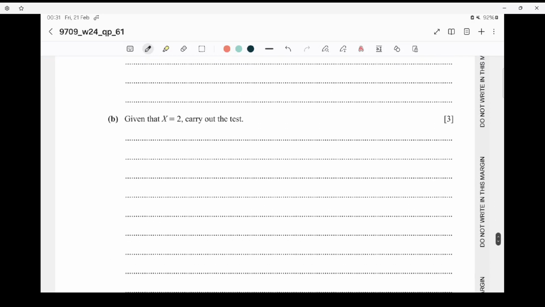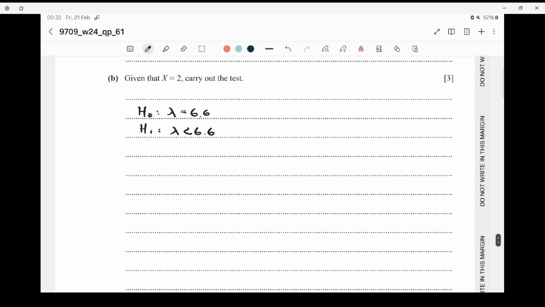Given that x equals 2, carry out the test. So your null hypothesis is that lambda is 6.6. Alternative hypothesis is it has decreased. So x equals 2.